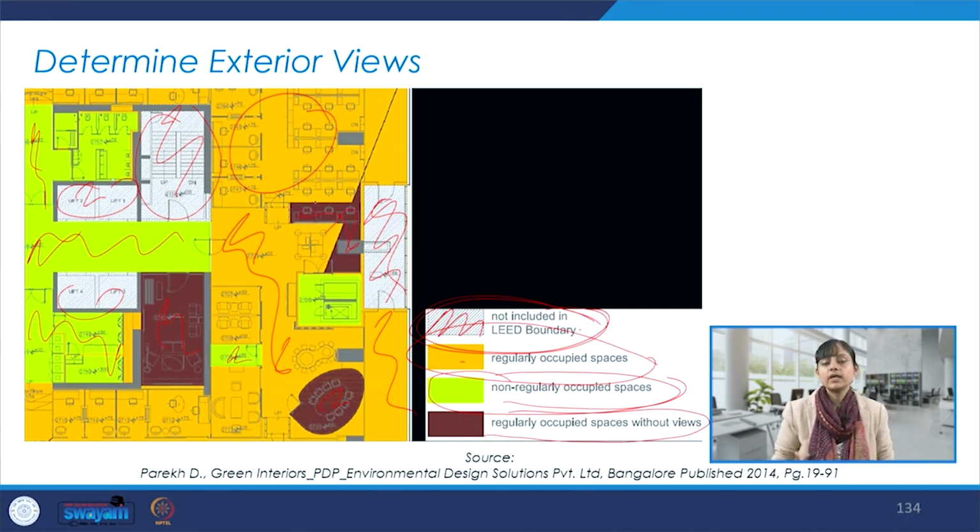So we have to maximize the views, we have to maximize daylighting, we have to give exterior views, and that's very much essential for the indoor environmental quality. And it does reflect on the tally of points when the calculation is being done for the project to be considered as green or not green.